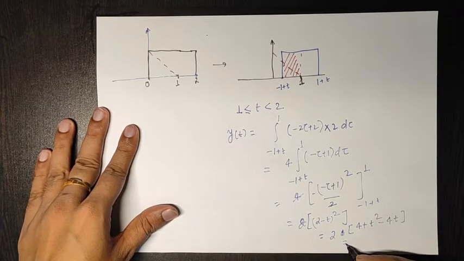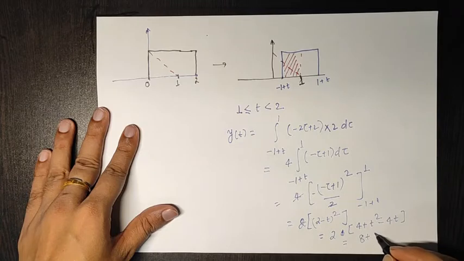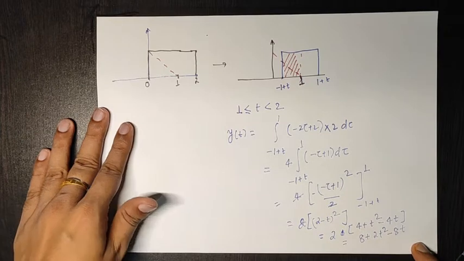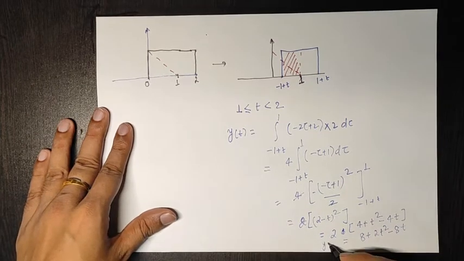So the resulting equation will be 8 plus 2t square minus 8t. Right, so this is the y of t.